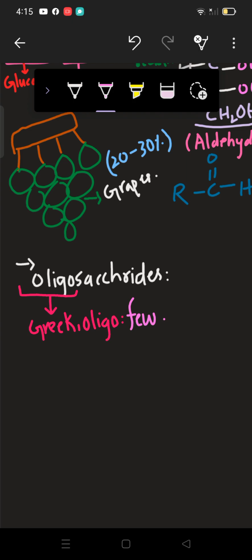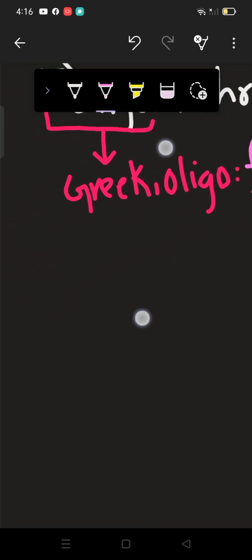So when we hydrolyze it, when we make oligosaccharide react with water, it will produce monosaccharides, and the range of the monosaccharides would be 2 to 10. Let me write that as well.